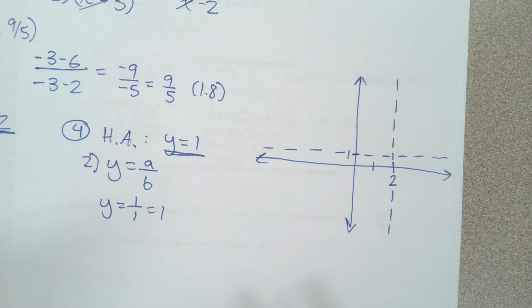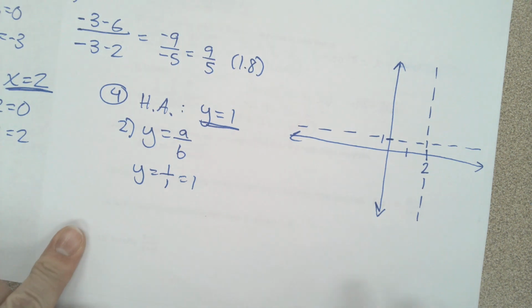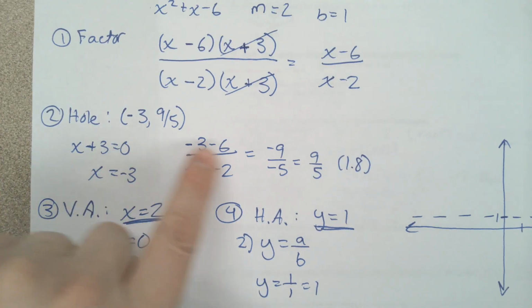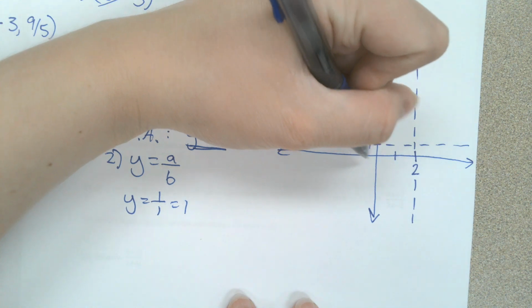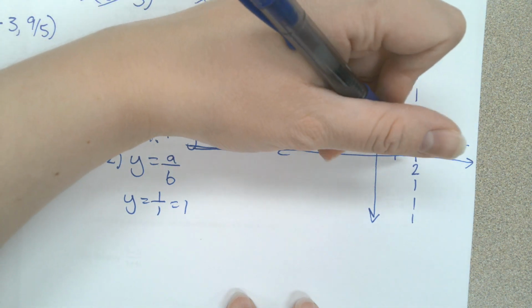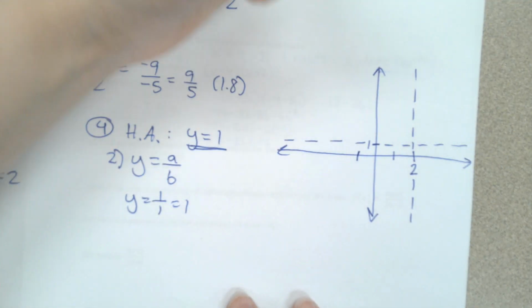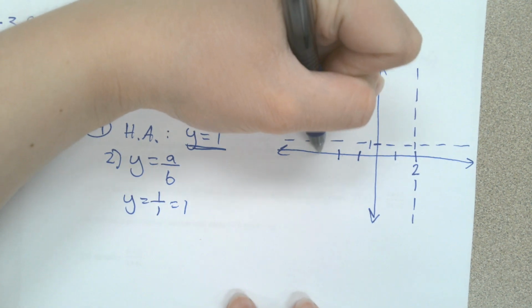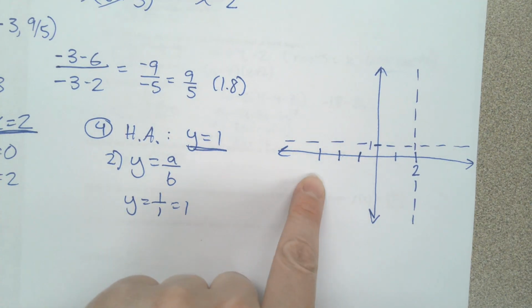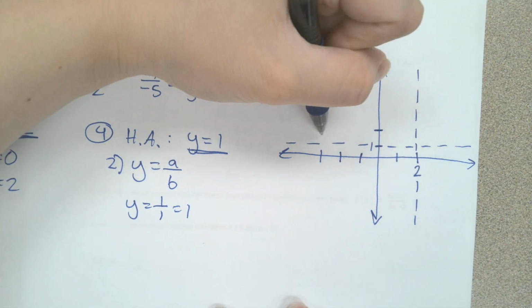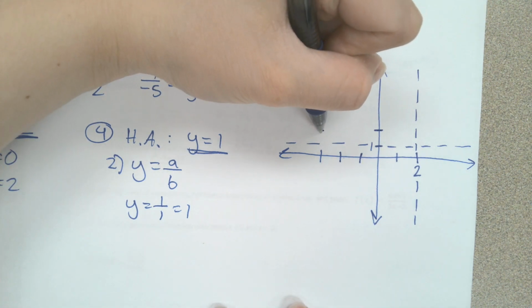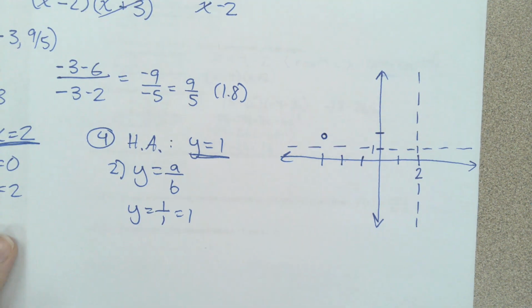And then we can now plot the hole, negative 3 and 9/5, which is just 1.8. Man, I did not plot this very well. Okay. Negative 3 and then 9/5. So if that's 1, we'll call that 2. The hole would be like right here.